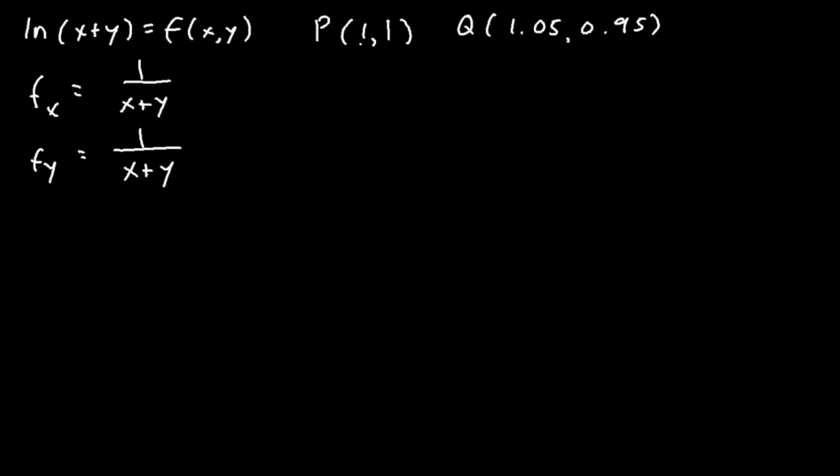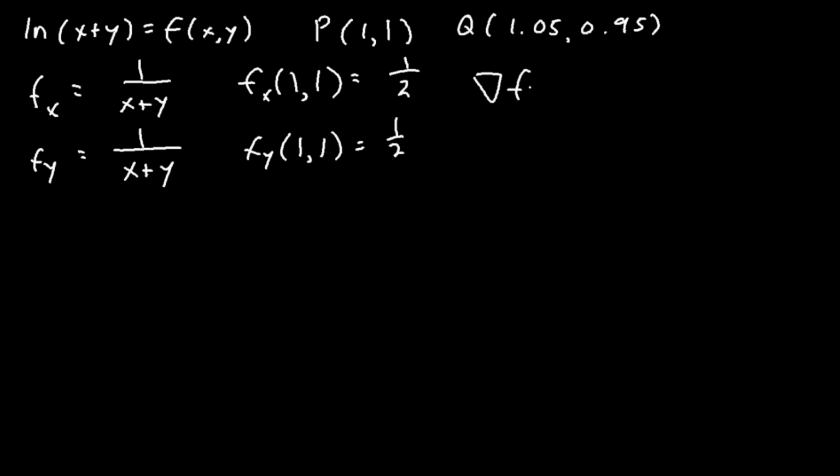If we plug in our values for the points, we get f_x of 1 comma 1, f_y of 1 comma 1, and we get 1/2 for both. And now our gradient is 1/2, 1/2.